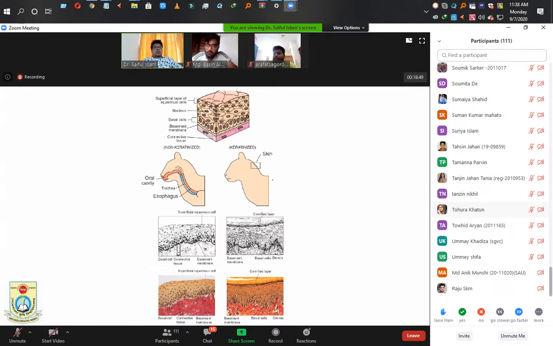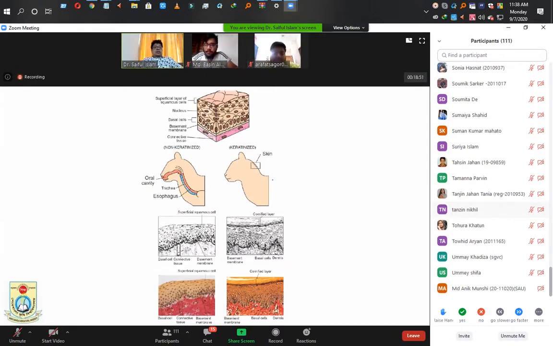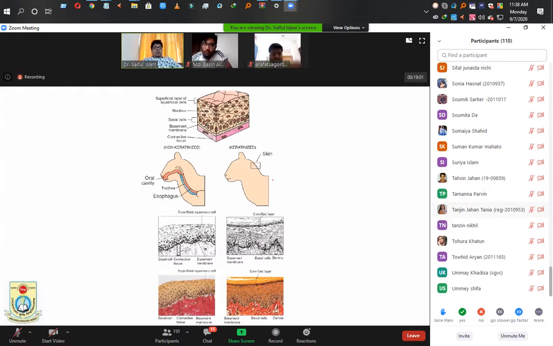You know what the esophagus is? The esophagus is the first part of the digestive tract, which conveys the food from the mouth to the stomach. So the esophagus is lined by non-keratinized stratified squamous epithelium. But very interesting, in our farm animals, some animals take only herbs, I mean grass.